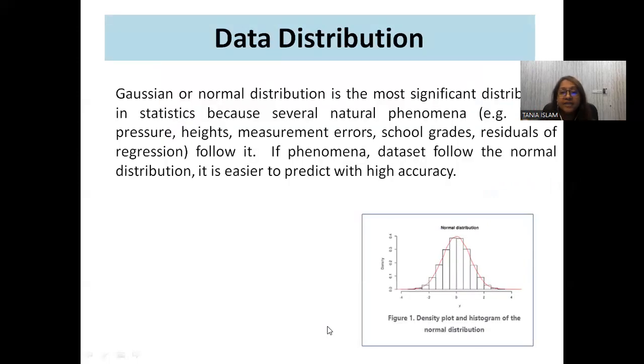The Gaussian or normal distribution is the most significant distribution used in statistics. It looks like a bell curve. If you see your data in a histogram looking exactly like this, or nearly normal, not too much deviated, then you can say your data is normally distributed.